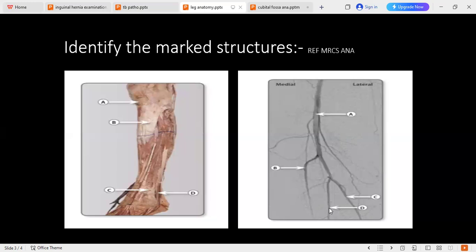Can you please tell me what are the terminal branches of the structure labeled C? Sorry, ma'am, I don't know this. When you don't know it, say I'll come back to this later. Okay, I'll come back. Please tell me, what is the origin of the arteria dorsalis pedis? It's the branch of the anterior tibial artery.